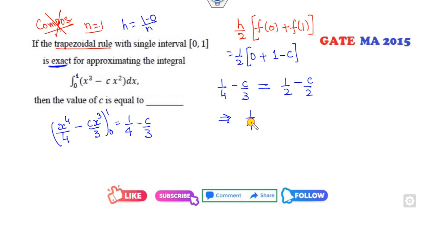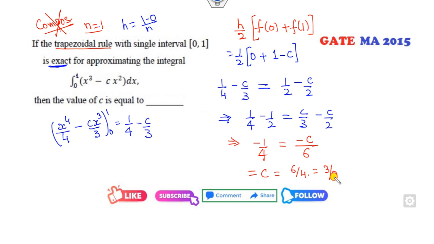So 1 over 4 minus 1 over 2 equals c over 3 minus c over 2. So 4 is the LCM on one side, so it is minus 1 over 4, and 6 is the LCM on the other, so it's minus c over 6. So c will be 6 over 4, that is 3 by 2. So 1.5 is the right answer of this problem.